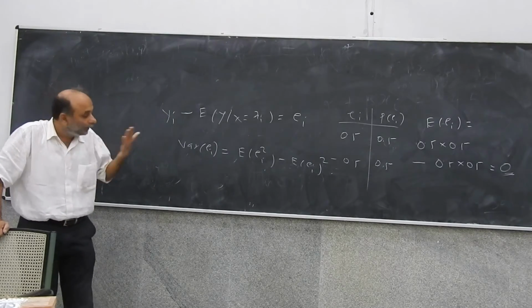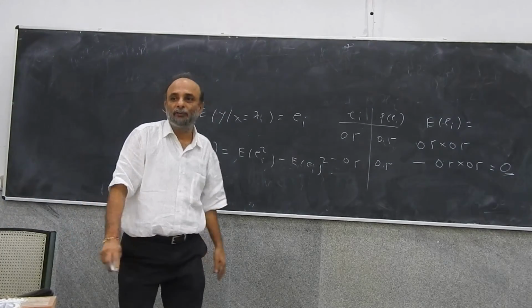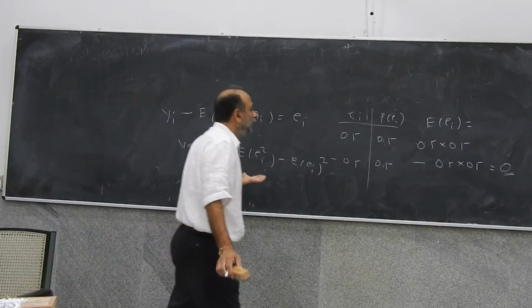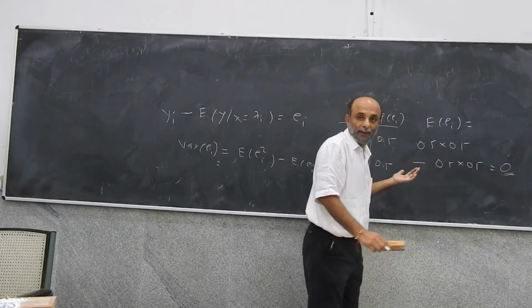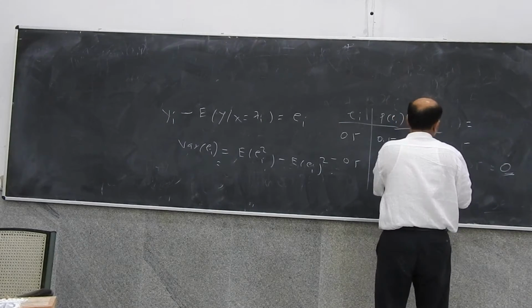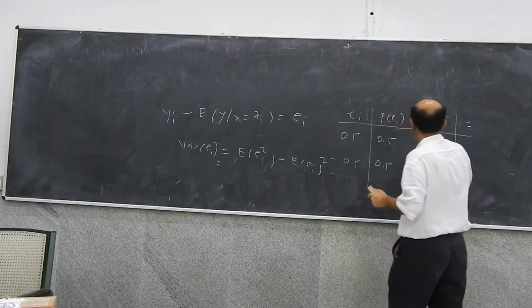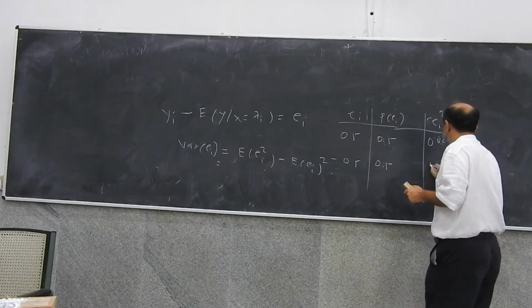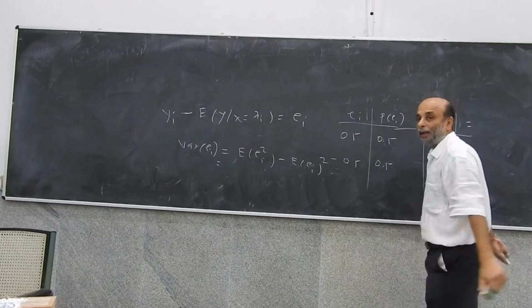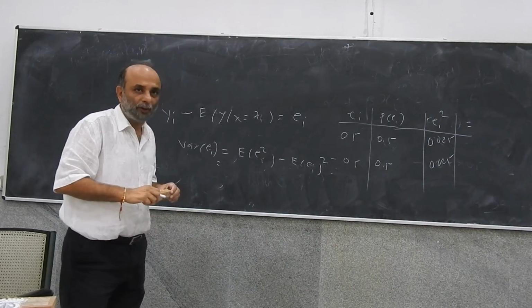So can you now tell me what will be the variance of ei? How can the variance of ei be 0? Find out ei square. So what is ei square? 0.5 into 0.5, right?